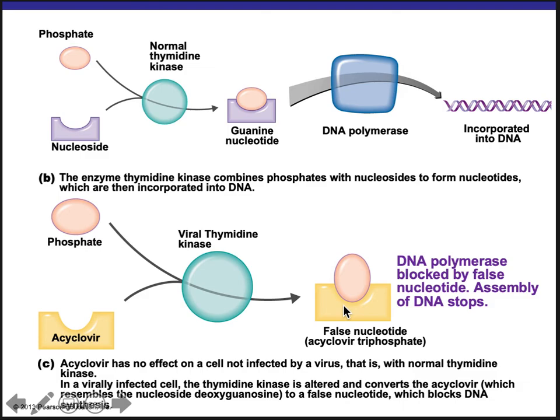It can't move past that step because it's not actually the guanine nucleotide that it thought it was. And so then DNA polymerase gets blocked, and then the whole synthesis gets stopped. Okay?